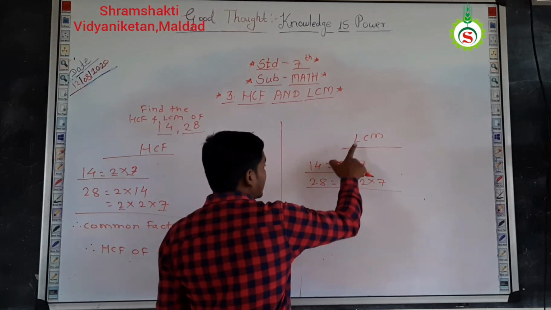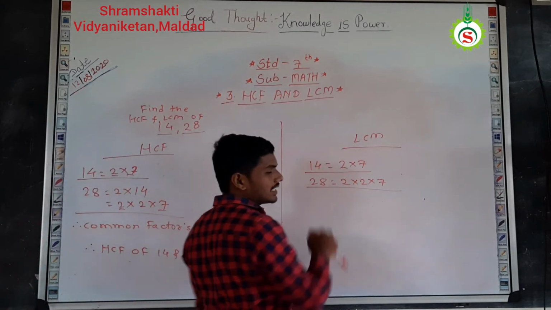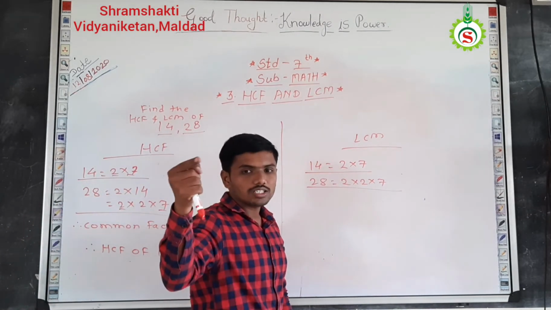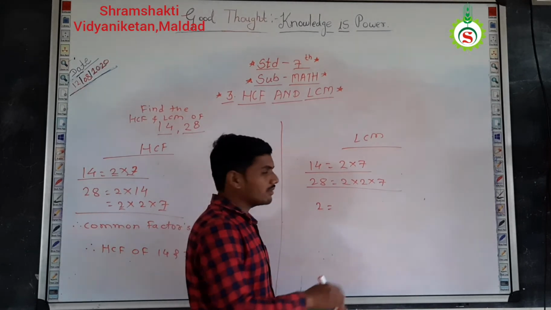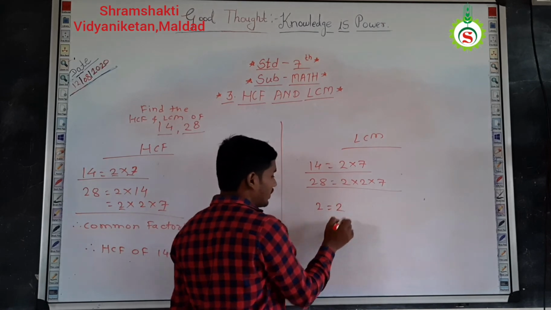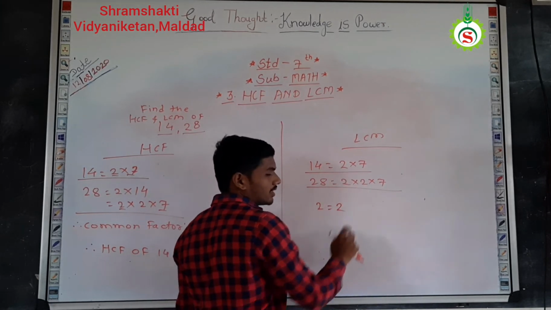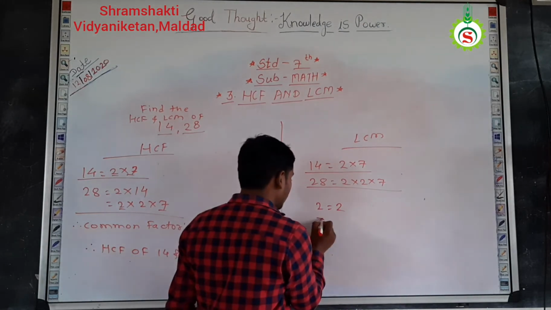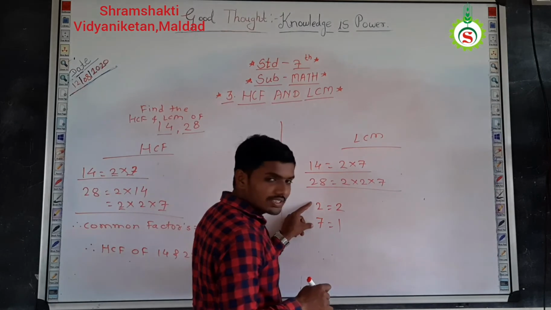Now for finding the HCF, we took the common factors. For finding the LCM, what will we take? The maximum occurrence of all the factors. So how many times does 2 occur at maximum? Here only one time, here 2 times. That means 2 occurs a maximum of 2 times. Now 7 occurs 1 time here, and here also 1 time. That means 7 occurs a maximum of only 1 time. So I have taken the maximum occurrence.